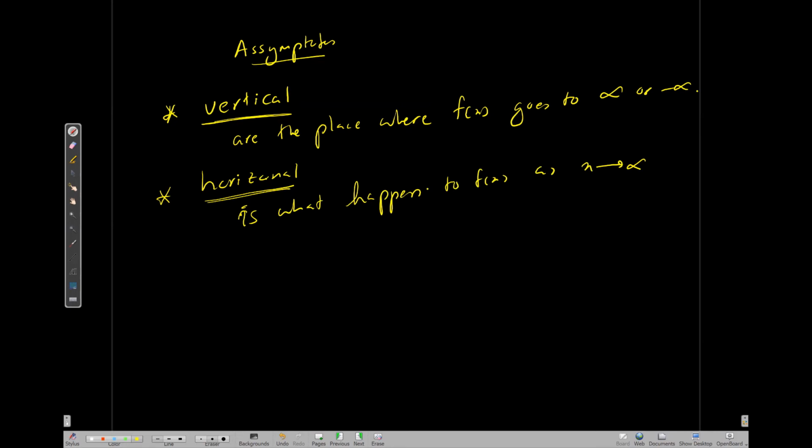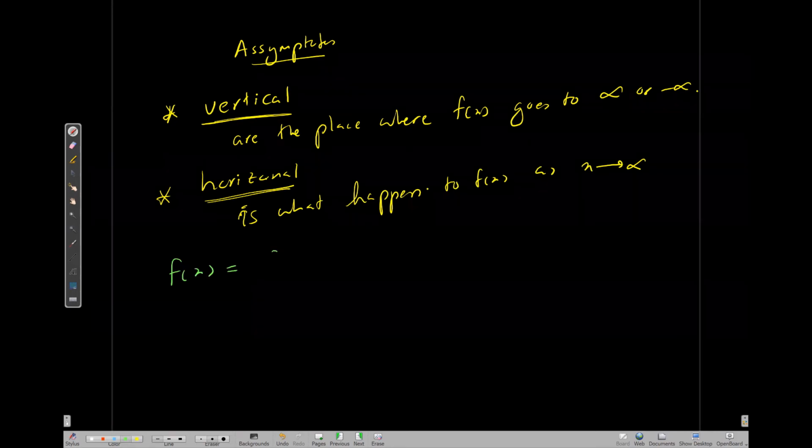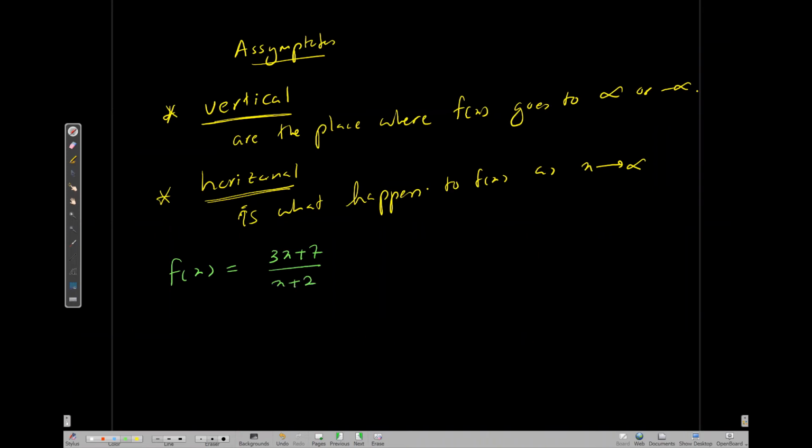Let's say you have something like this: 3x plus 7 over x plus 2. Now to find vertical asymptotes, without drawing this, all you need to do is take the denominator, x plus 2, and make it equal to 0. So x equals negative 2.